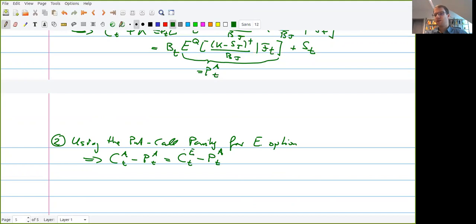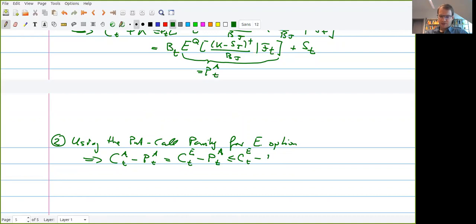The American and European call option are the same. So I can change the A here to an E. And now I know that my American options are always more expensive than the European ones.